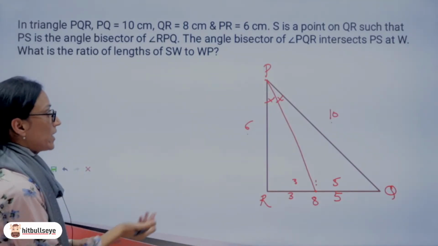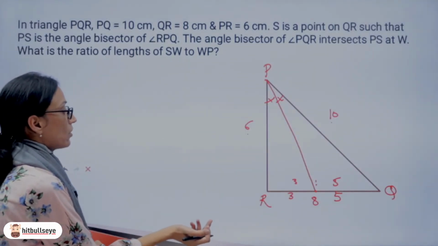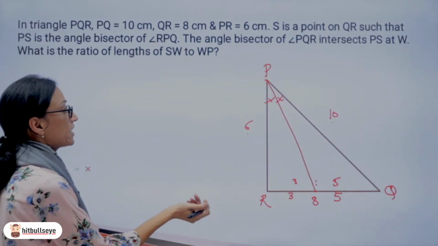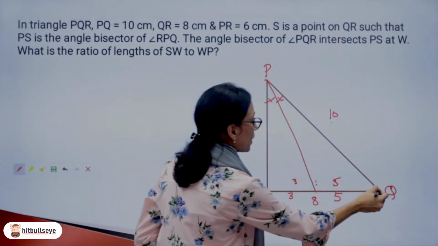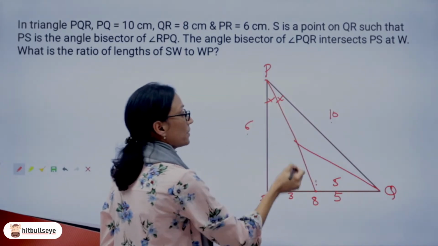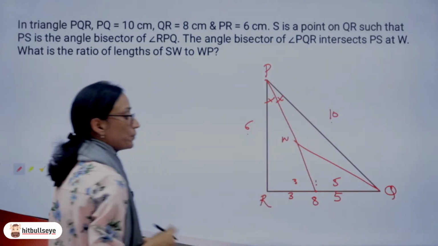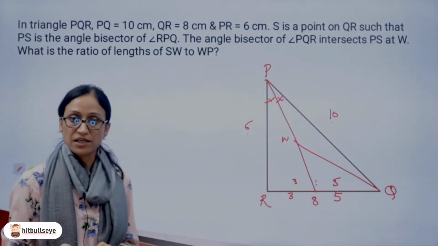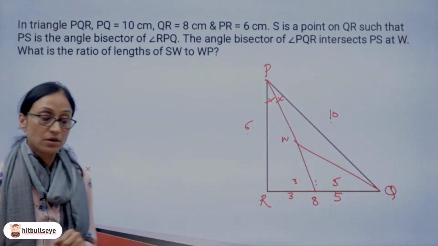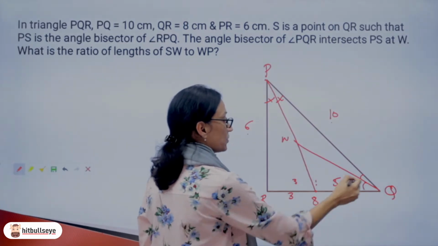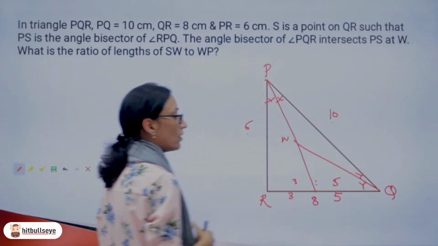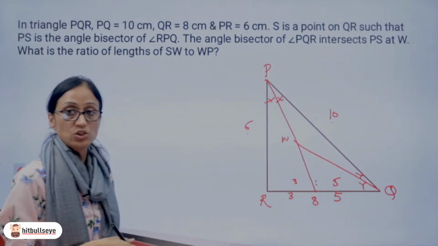Now moving ahead in the question, it says that the angle bisector of PQR intersects PS at W, which means now we are talking about this angle bisector coming here at the point W. And the same angle bisector theorem again gets implemented. The arms of the angle which is getting bisected are having a ratio of 10:5, that's 2:1.